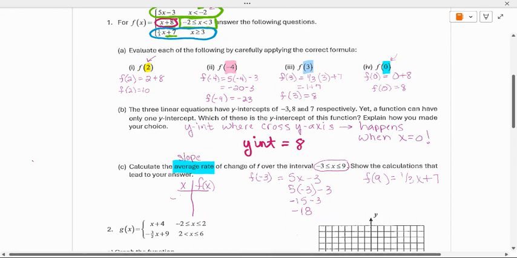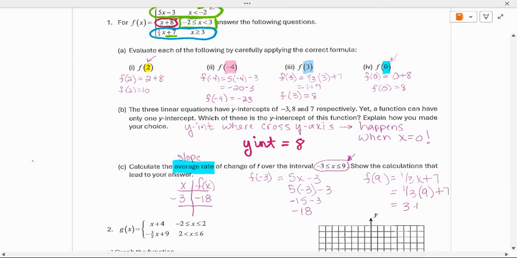When my input is -3, my output is -18. Let's evaluate the second part of our domain interval, which is +9. So when x is +9, I have 1/3 times 9 plus 7. Well, 1/3 of 9 is 3, plus 7 is 10. So when I let x equal 9, my output is 10.